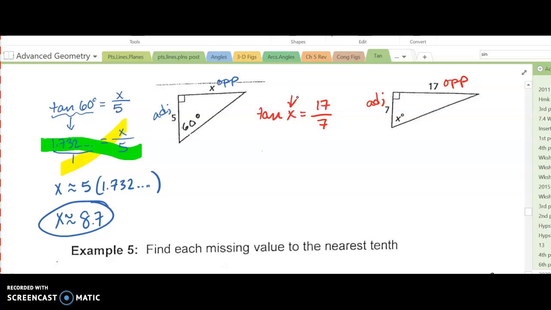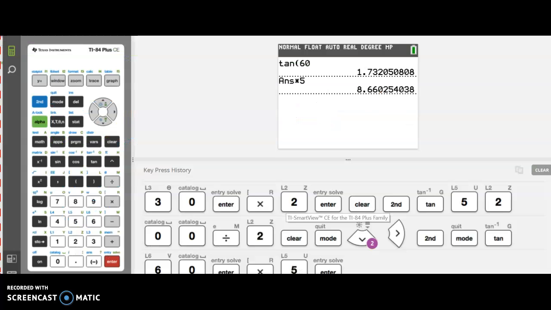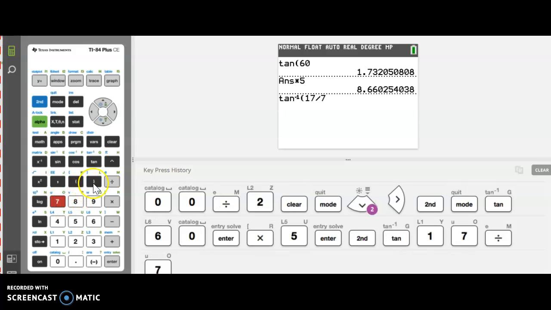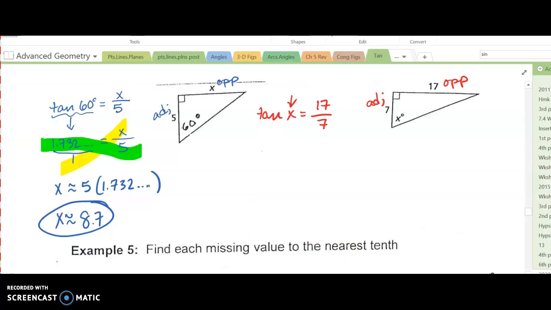So what we call this is tan inverse, to tell your calculator to look this up in the table backwards. So you see tan with a little -1 up there on your calculator? So you're going to press second and tan, and you don't have to calculate it first. You can just go ahead and 17 divided by 7, enter, and it's approximately 67.6 degrees.